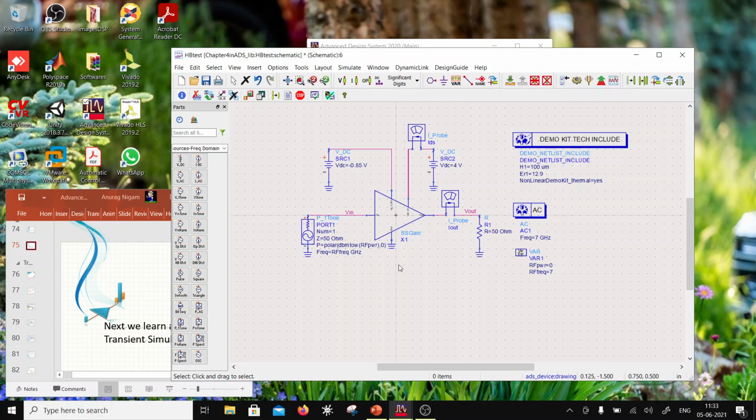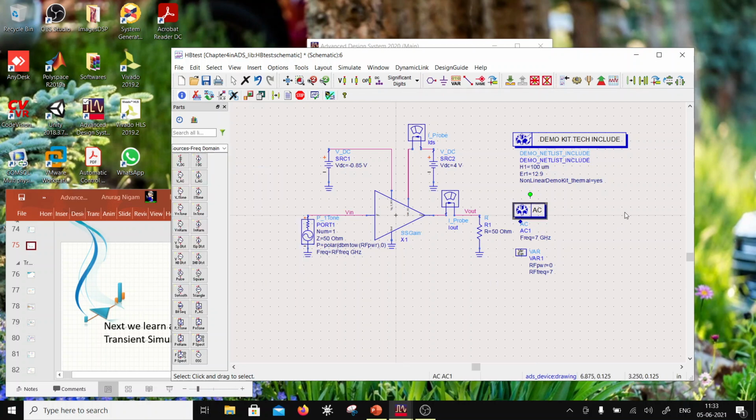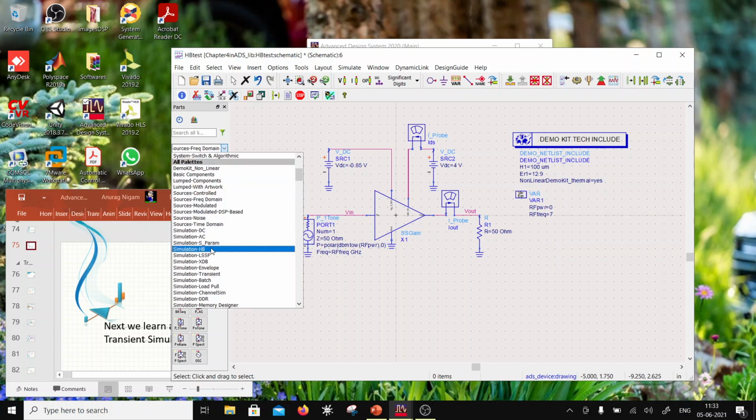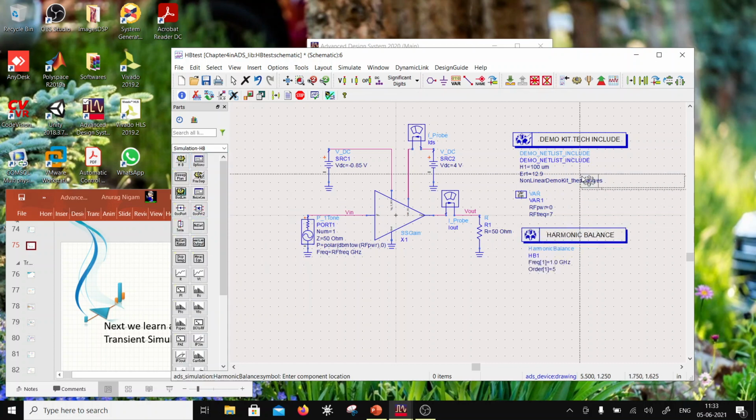All we want to do is write some measurement equations. So I will not do AC simulation. I will go to simulation, harmonic balance, correct? And here I can put the frequency as RF freq, in gigahertz, order is 5.